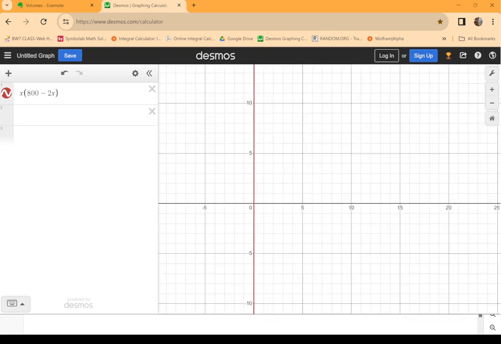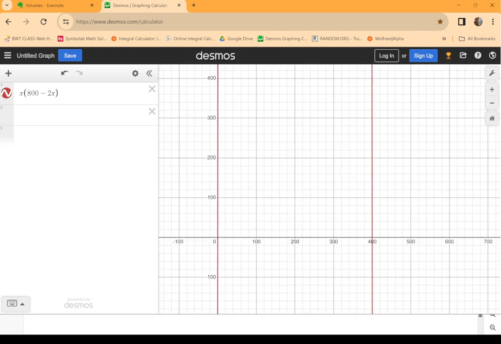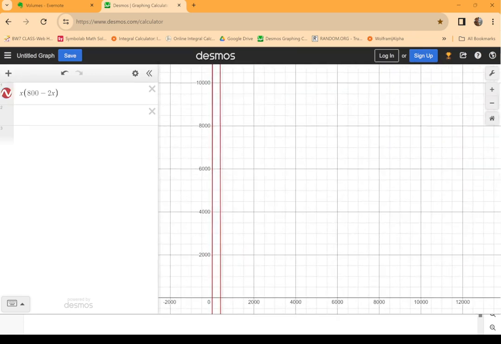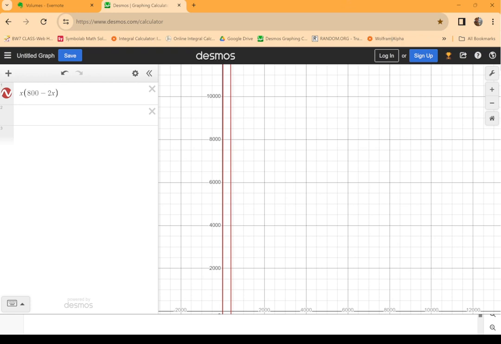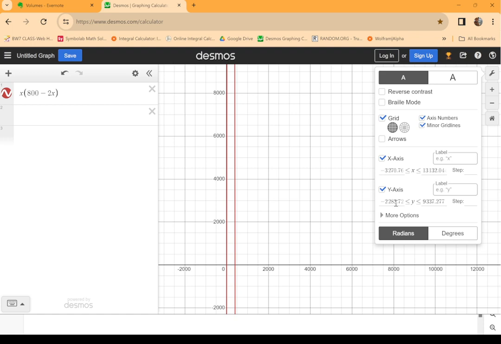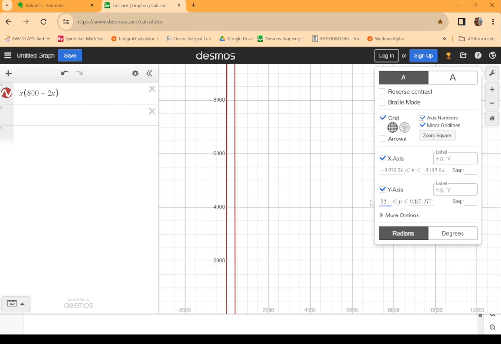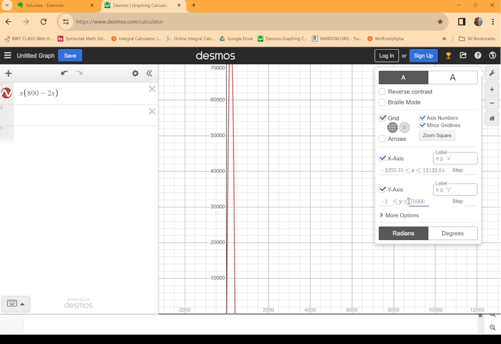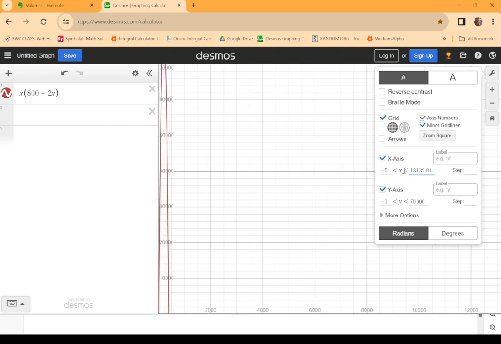Let me adjust the window here. It doesn't make sense to have negative values.